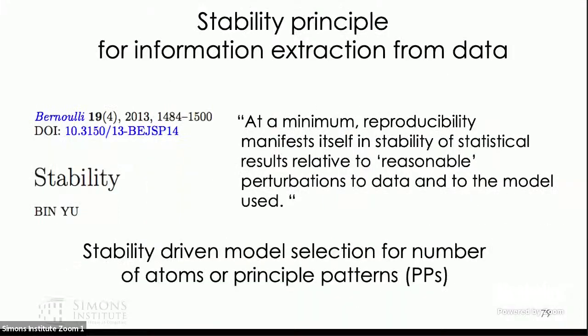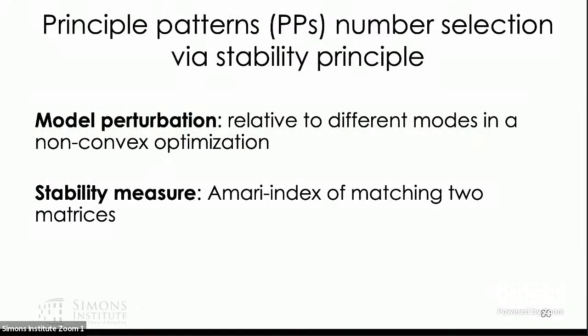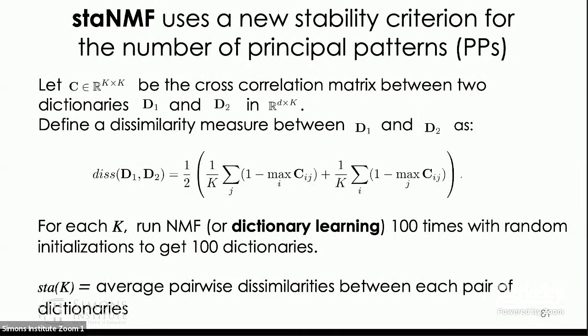And the question is how many we should choose. So we use the stability principle. You take random starting points and subsample the data. For a fixed number, say 20, you do many runs because you have many different starting points. The non-negative matrix factorization is convex when conditioning on one factor and the other, otherwise it's non-convex.